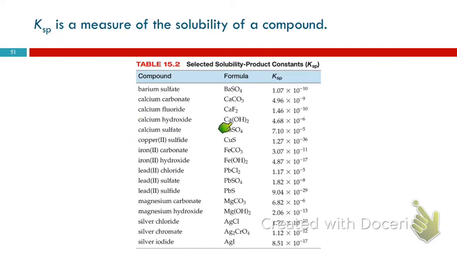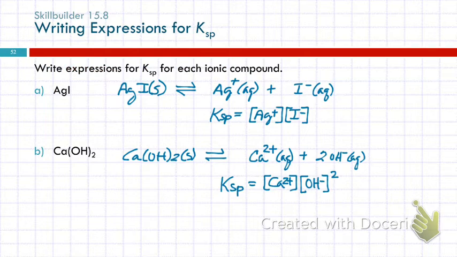Like here's calcium hydroxide. Its KSP is a very small number. So what that tells us is that if you try to dissolve this, you're going to have very, very small amounts of calcium and hydroxide. And so for most purposes, it's insignificant, and we say it's insoluble. Does that help?